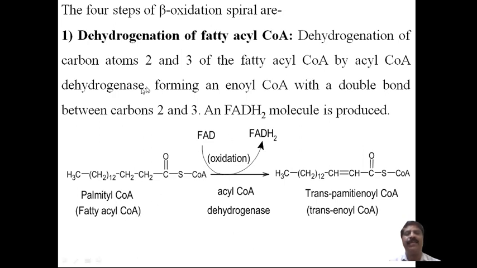Therefore, dehydrogenation of carbon atoms 2 and 3 of the fatty acyl coenzyme A by acyl coenzyme A dehydrogenase forms enoyl coenzyme A with the double bond between the 2 and 3 positions, and FADH2 is produced. That is the same here. This is the fatty acid I have already discussed in the scheme. Therefore, fatty acyl coenzyme A, particularly I have taken palmitic acid.